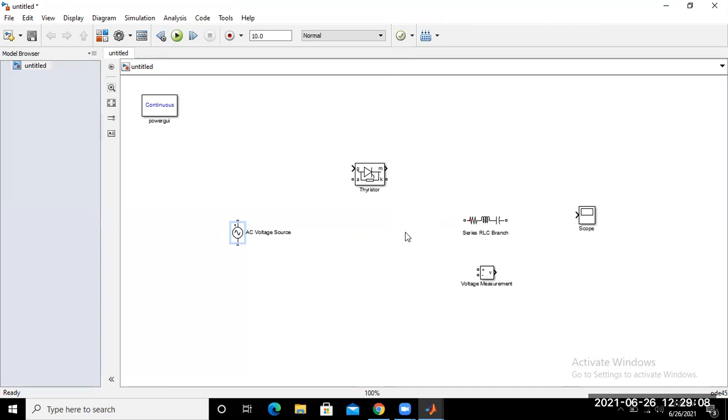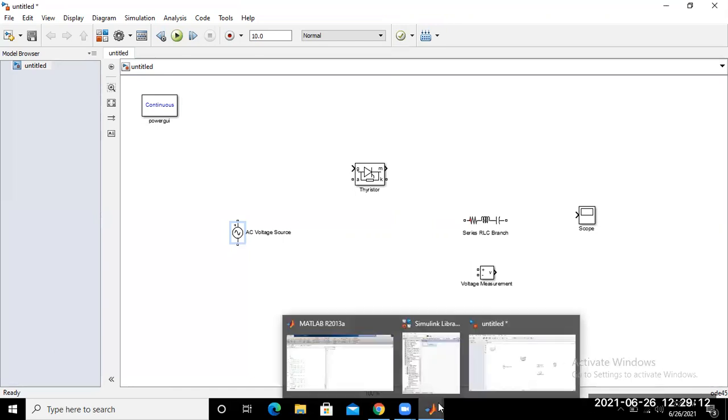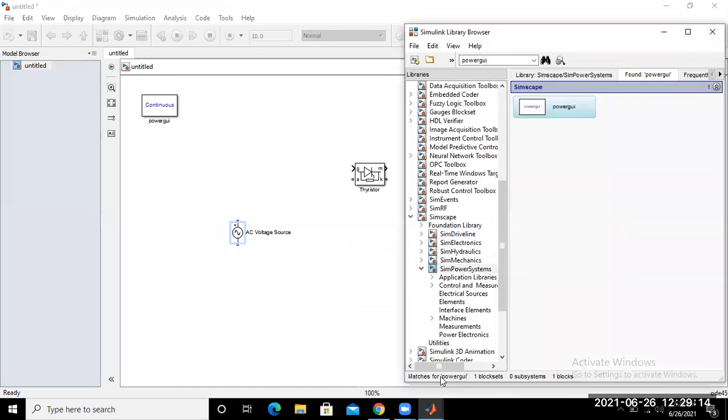That is the pulse generator for the thyristor. So again go to the Simulink library and write here pulse generator and press enter.